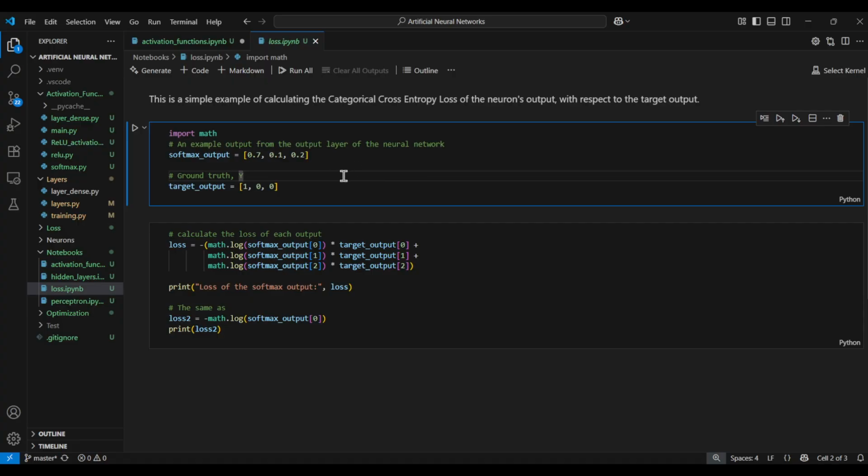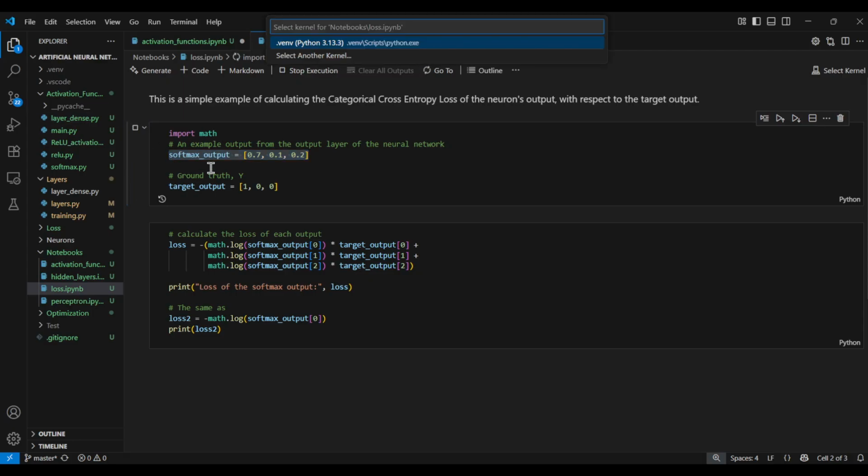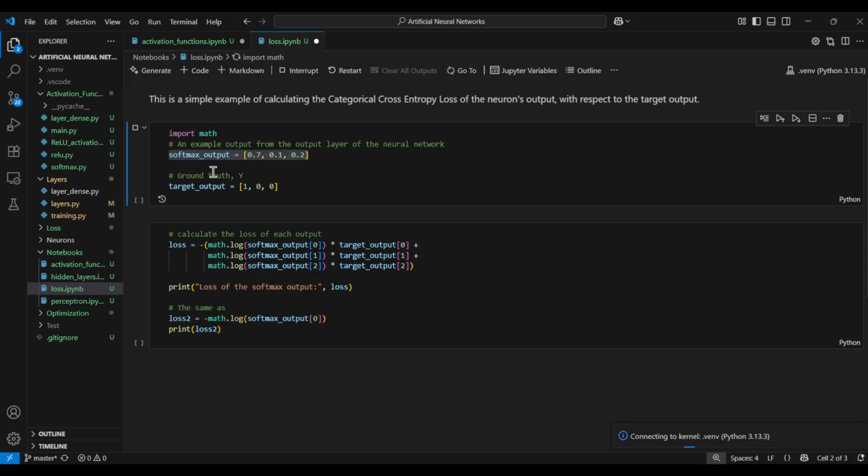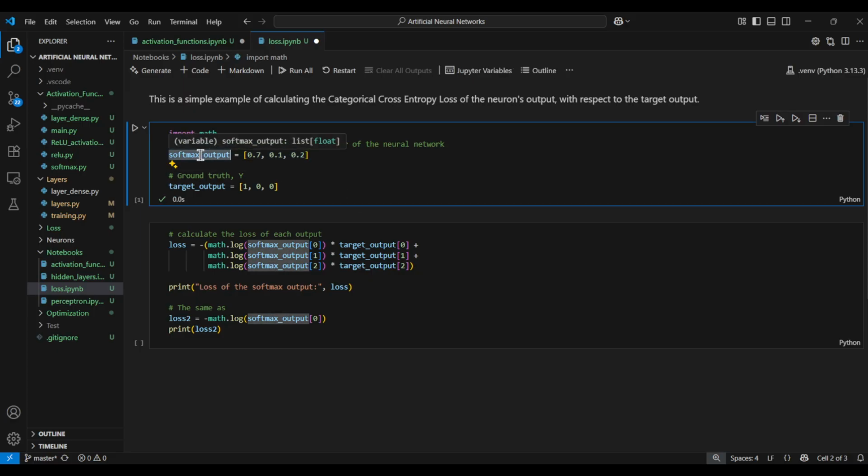Okay, so here we have an example. We have the outputs calculated from the softmax activation function. We have 0.7, 0.1, and then 0.2. And here is the ground truth.